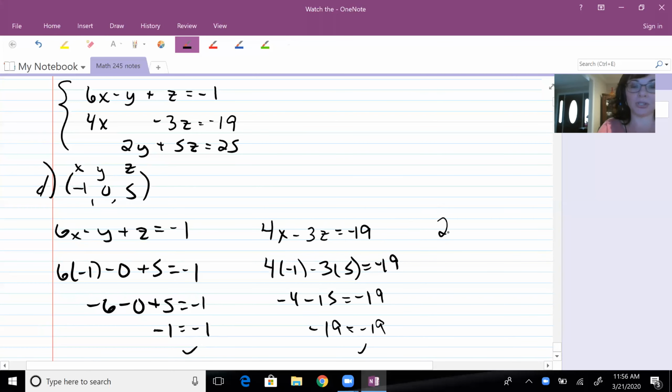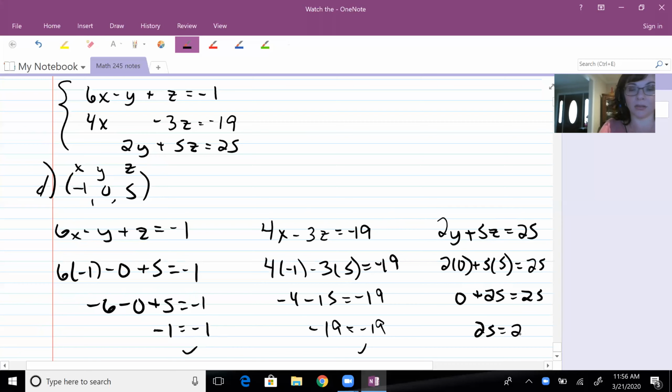The final equation is 2y plus 5z equals 25. So if y gets a 0, z is a 5. And a check on that too. So yes, -1, 0, 5 is a solution to that system of equations.